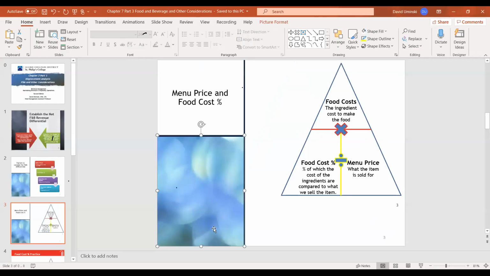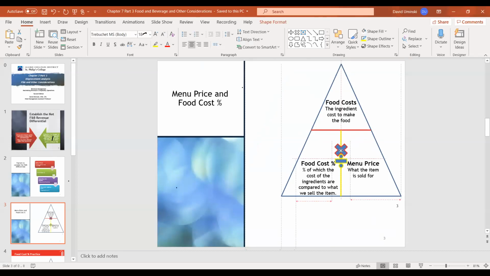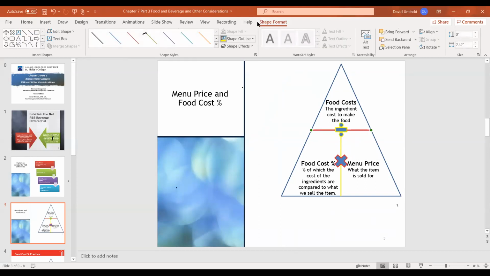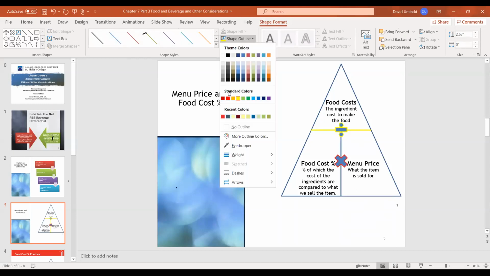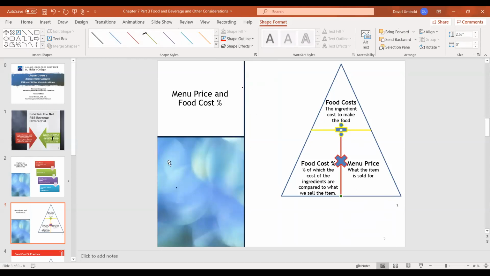There we go. Okay, so this item is going to be yellow. This line is going to be red. There we go.